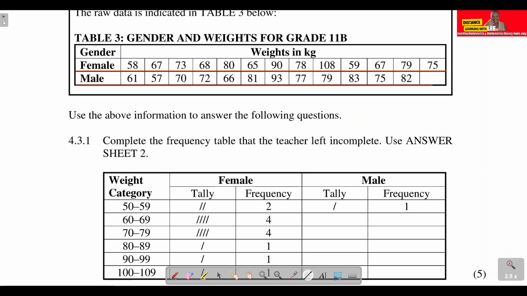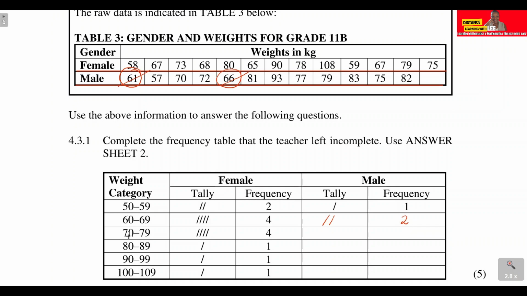And we're going to count how many males weighed between 60 to 69. It's 1, cross it out, 2. So it's just 2 males, and we're going to represent that as a tally, 1 and 2. That's done. And then what is the frequency? How many males, when we count, weighed between that range? It's just 2 males, and we are done.